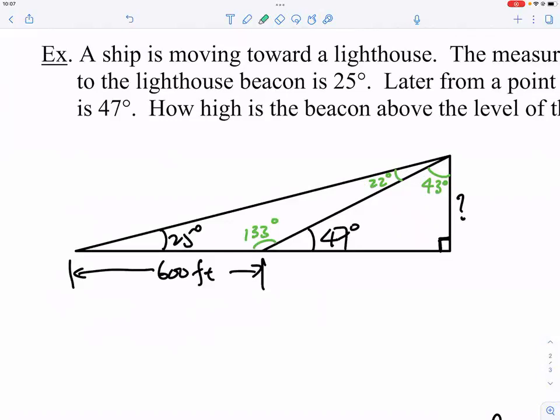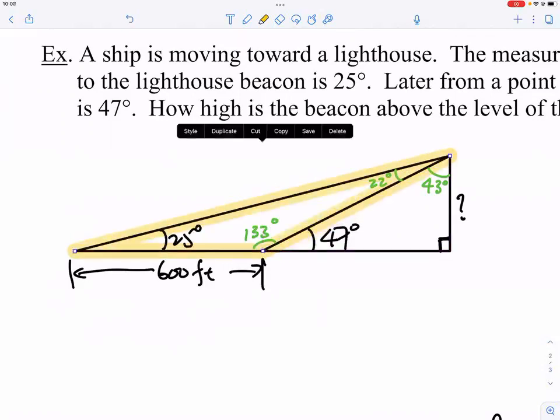Well, let's consider something right here. For this triangle, we have all three angles, and one of the sides is given right here, 600 feet. That means, technically speaking, we can find out this length and this length using the law of sines. And how does it help?